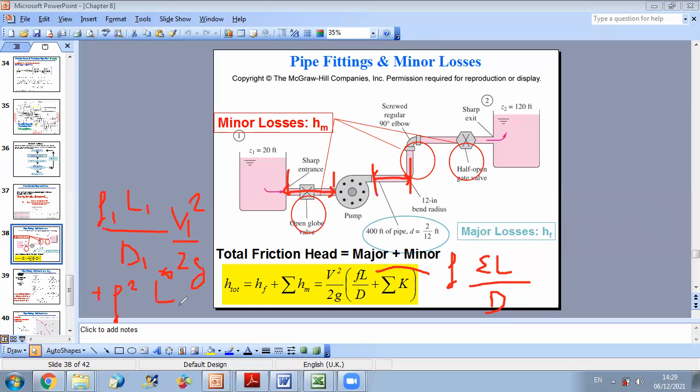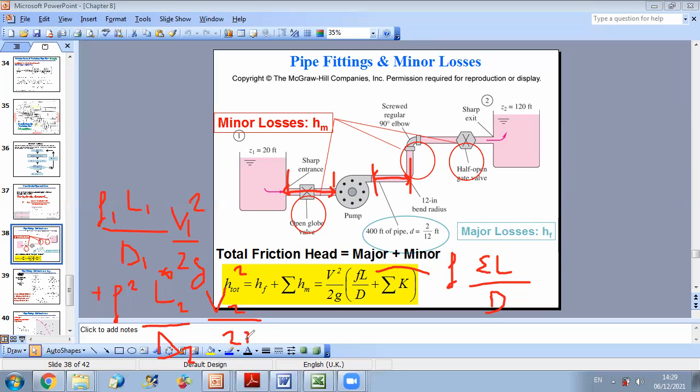Okay, so then you should do the calculation for each part alone. You can deduce from this expression that if you have the same V and same D and same roughness, so f will be the same, you can take it as a factor. In case it's not, you cannot take it as a factor.